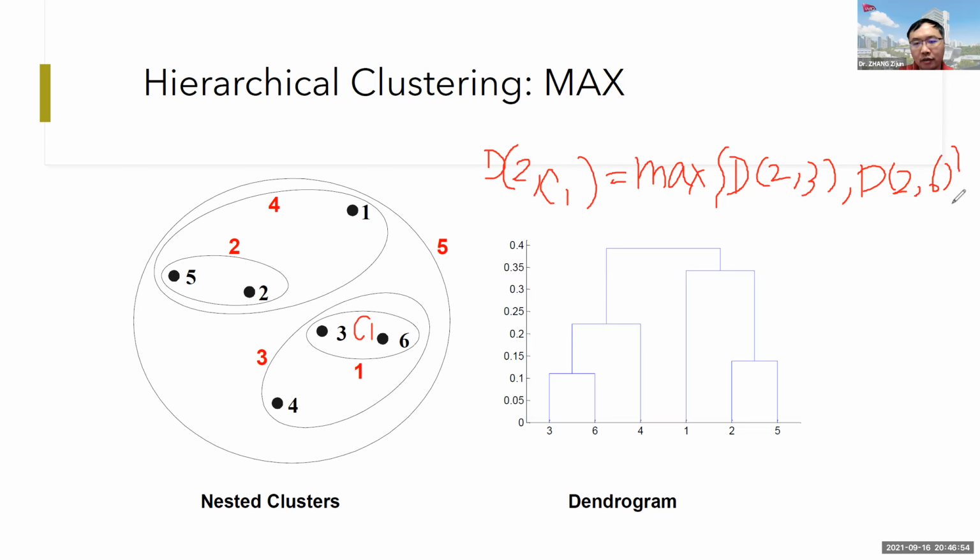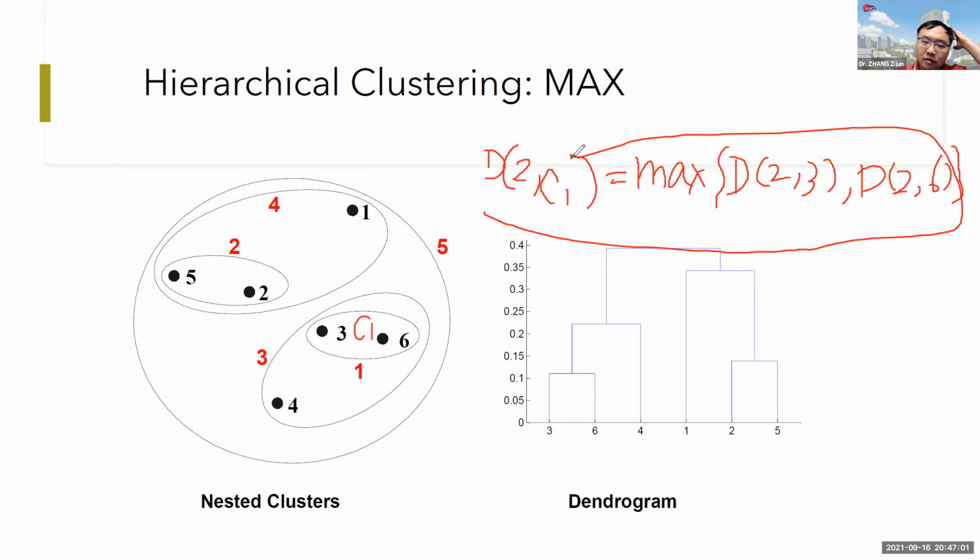The updating of the proximity matrix uses such an equation. But for merging the clusters, you still consider the minimal proximity: you merge the two data points with the smallest proximity.